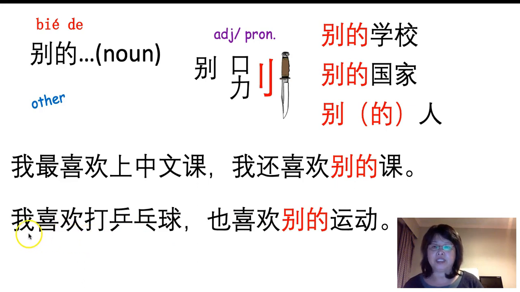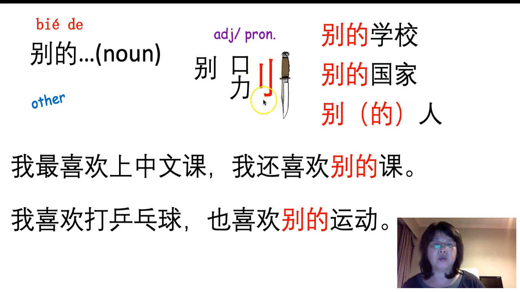再比如说 more example. 我喜欢打乒乓球。I like playing ping pong. 也喜欢别的运动。And I also like other sports. 请跟我读。别的。我最喜欢上中文课。我还喜欢别的课。我喜欢打乒乓球，也喜欢别的运动。Okay, let's have a look at the character 别。On the left, on the top is a mouth, muscle or strength, and on the right is indicating a knife.